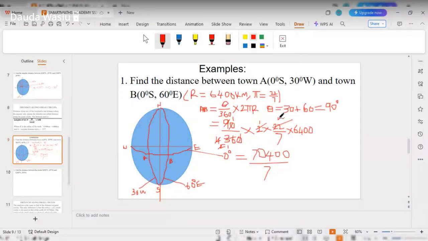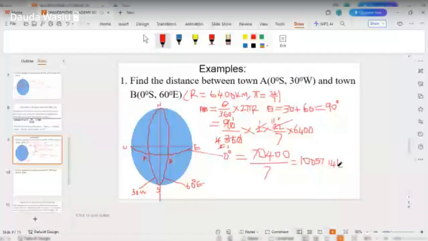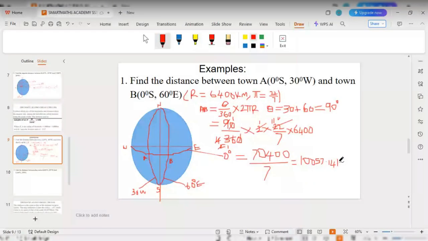So 11 multiplied by 6,400 is 70,400. Then divided by 7, we have 10,057.14 kilometers.